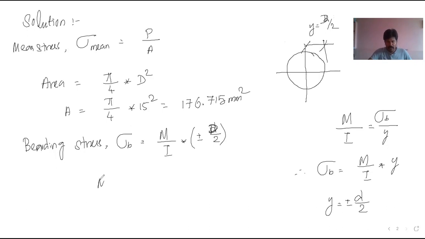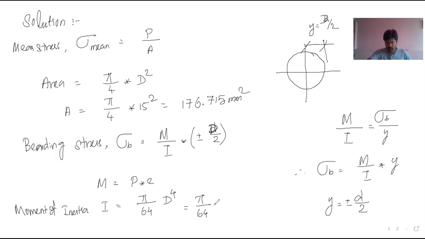Now the moment, we all know, is P into e, so we have to calculate the eccentricity only. The moment of inertia I is equal to pi by 64 into d power 4.